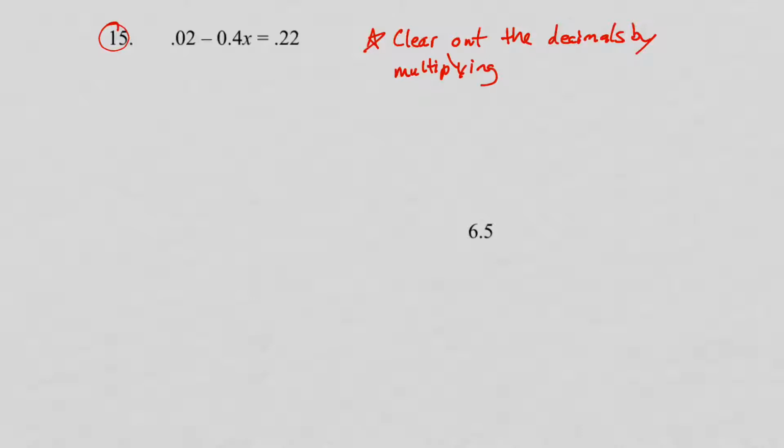So in this case, we're going to multiply by 100. Now, why did I choose 100? That's because in this problem, the most decimal places is 2. If you look here, I have 2 decimal places there, 1 decimal place there, and 2 there. So the most decimal places I have to clear out happens to be 2 in this case.